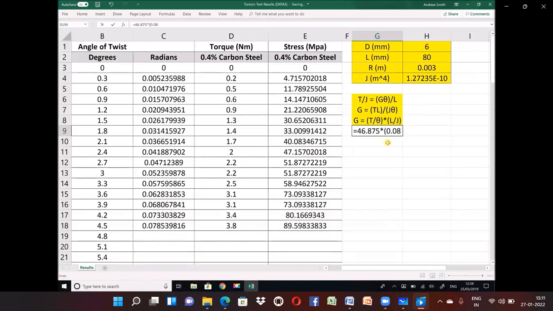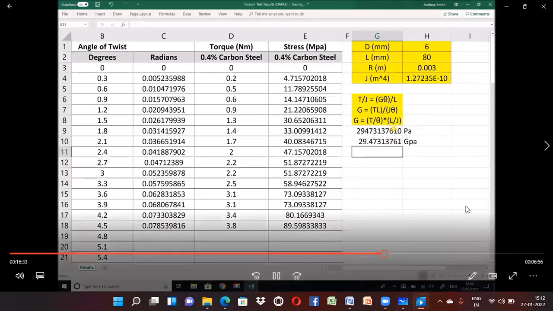And J we have in cell H4, so divide by J, close brackets, equals, well, the value that we see there is the modulus of rigidity in pascals, but it would be more sensible to express that in gigapascals. So all we need to do is divide that answer by 1 billion, or 1 with 9 zeros, and we get a modulus of rigidity equal to 29.47.